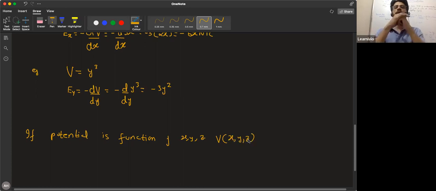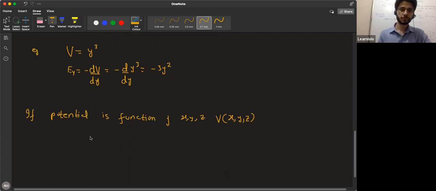So that means your potential is a function of 3 variables: x variable, y variable, and z variable. In this particular case, your field will have x component, y component, as well as z component. See, potential is changing along x-axis, so we'll have x component of field. It's changing along y-axis, you will have y component. Changing along z-axis, so you will have z component of field.